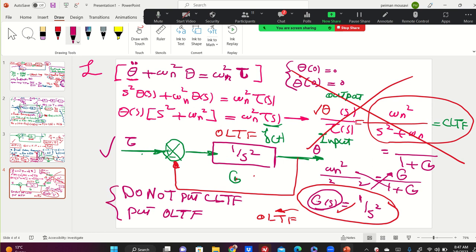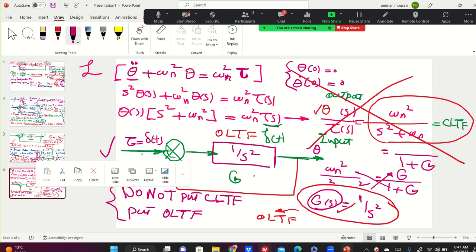So, suppose that you are applying the impulse to the pendulum, just as input. Now, can I go to the next page?